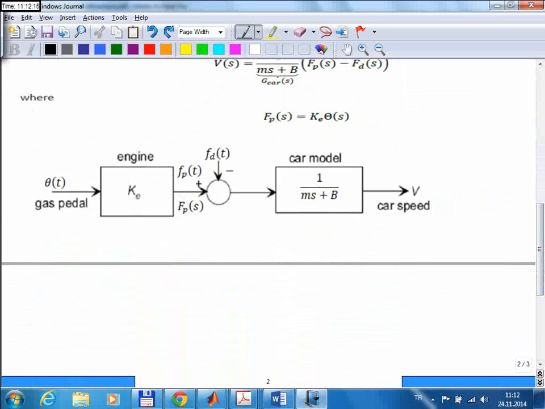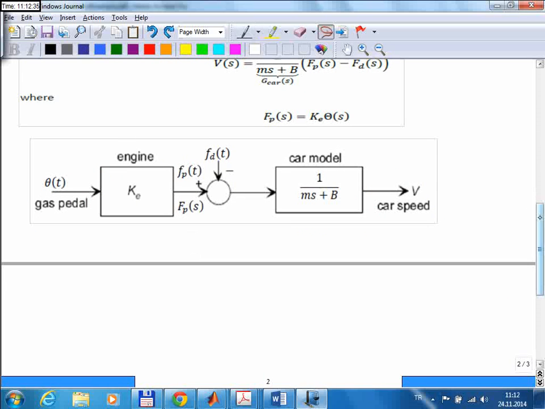Okay, so in this block diagram there are two blocks. One block represents the dynamics of the car. The input to that is the force, and the output is the speed. And then we see a second block here, and this block represents the engine. Input to that is the gas pedal position, and the output is the engine force.